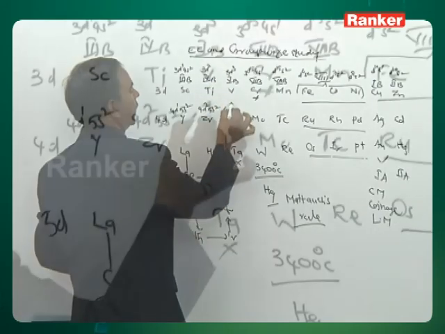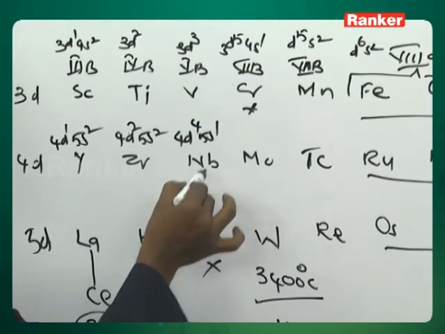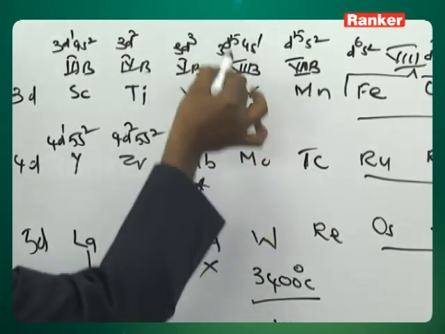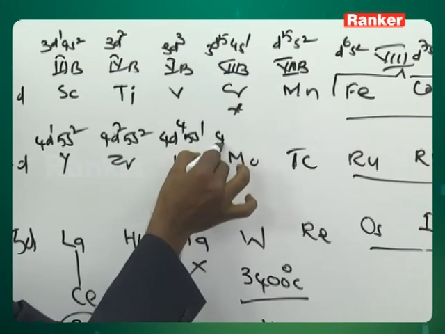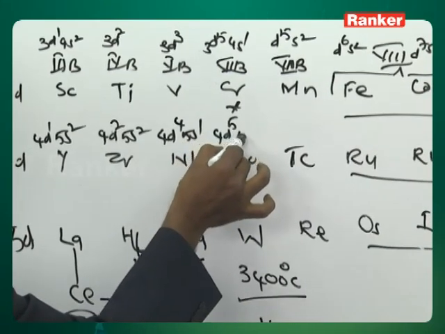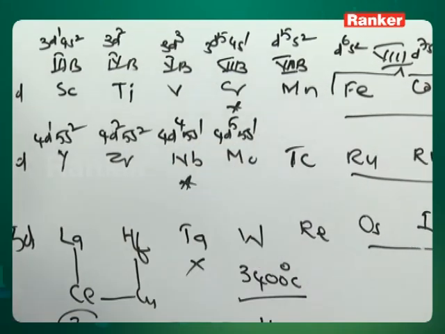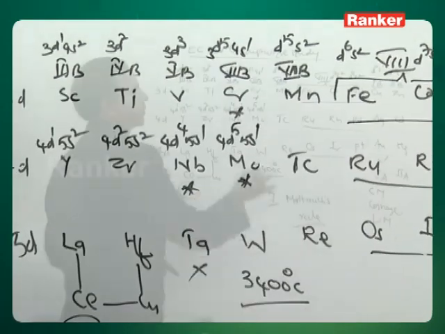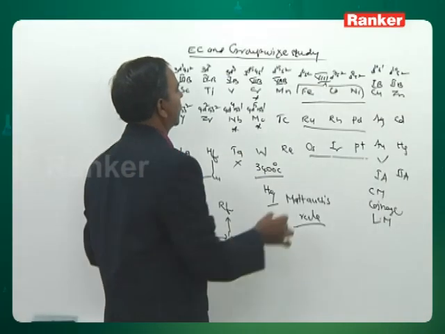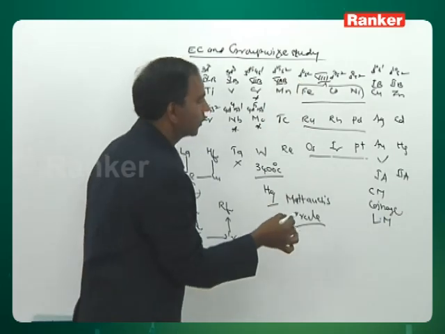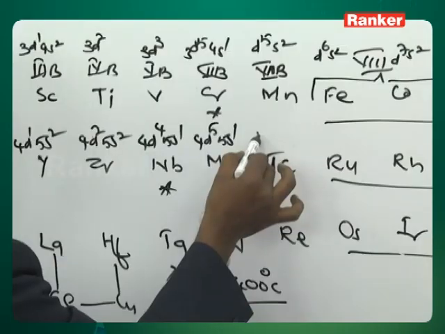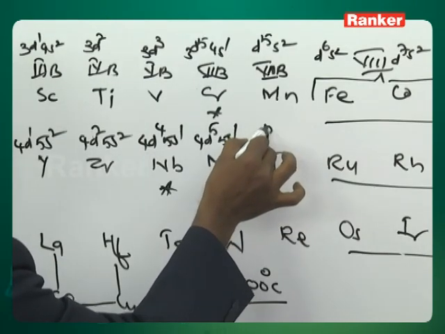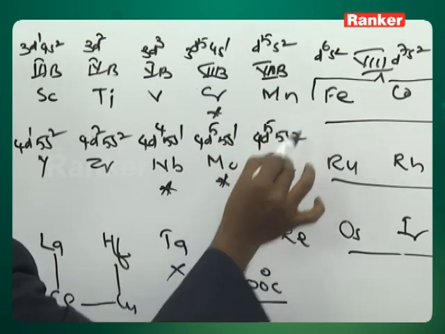Look, it is 4d4 5s1, an exception. Molybdenum, like chromium, is 4d5 and again 5s1. This is also an exception. Technetium is like manganese, 4d5 and then 5s2.